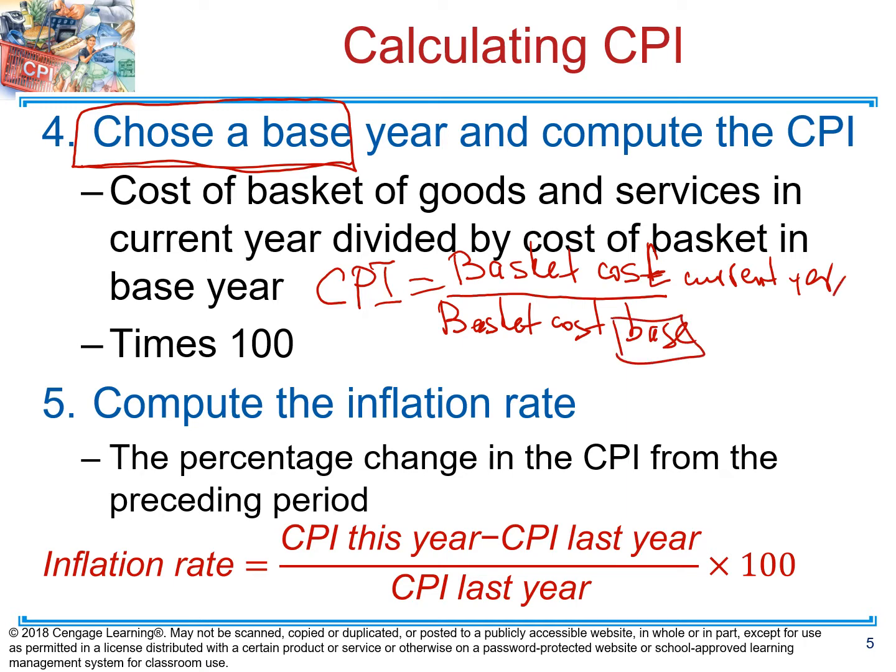And then we're going to take this and multiply by 100. You probably want to write down this formula somewhere. So to calculate CPI for a certain year, we need to take the basket cost of the year that you want to calculate CPI for and divide by the basket cost of a base year. Multiply by 100, and this is going to be your CPI index.